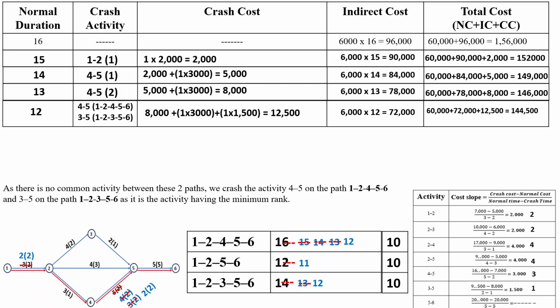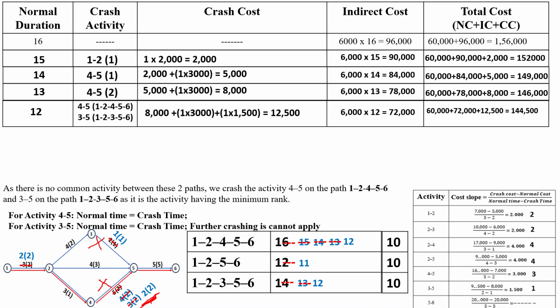Activity 4 to 5 is reduced from 3 days to 2 days, and I have to observe that the normal time and crashing time are both equal, so we can't crash activity 4 to 5 further. Similarly, activity 3 to 5 is also reduced from 2 to 1 day, and its crashing time is also 1 day, so activity 3 to 5 also can't be crashed further.